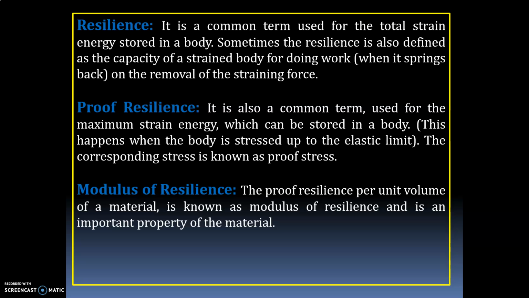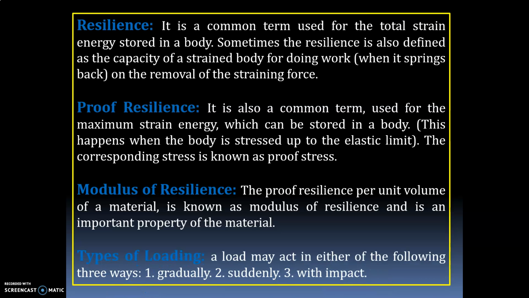Next, we'll see what is modulus of resilience. The proof resilience per unit volume of a material is known as modulus of resilience and is an important property of the material.